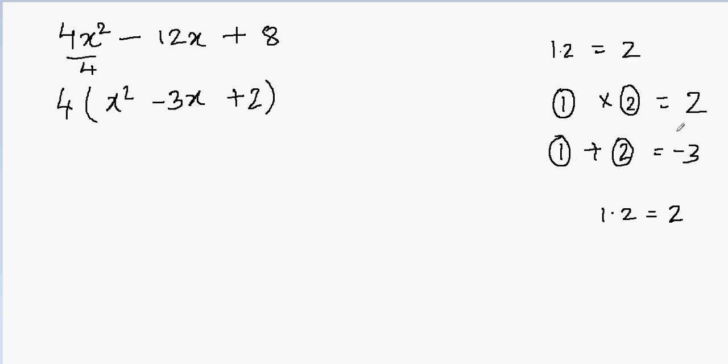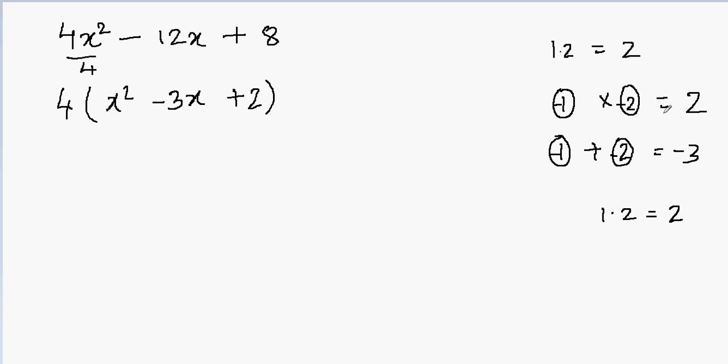So then when do you get the positive number? That means they both have to be negative. If they both are negative, negative 1 times negative 2 will give you positive 2. And then negative 1 plus negative 2 will give you negative 3. Right? So how did you find it? You just have to think, when is your product positive?